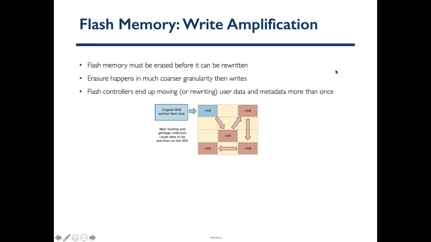What happens is that usually after you write, your page will be moved inside your flash for garbage collection and wear leveling as you update your page. So in essence, each single write on average amplifies to more than one write.